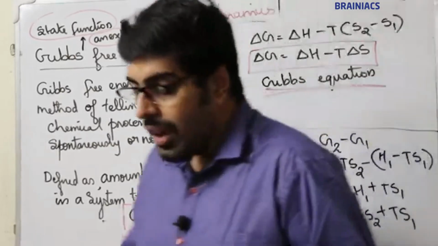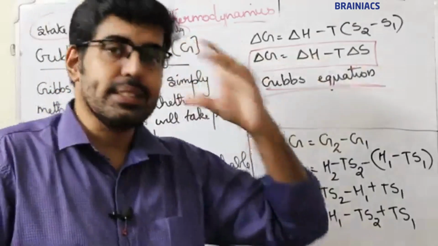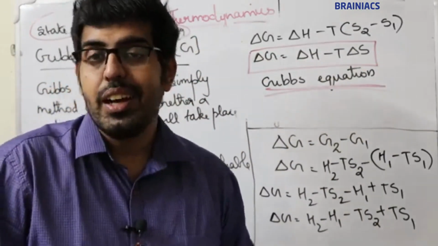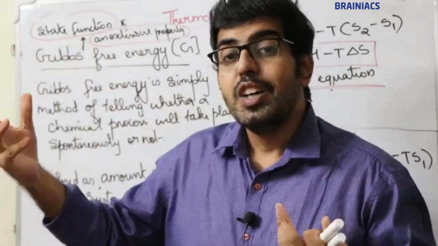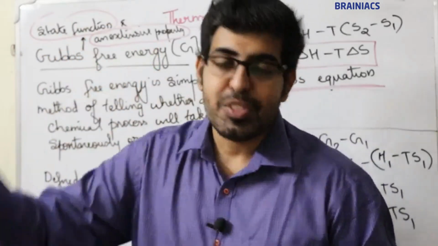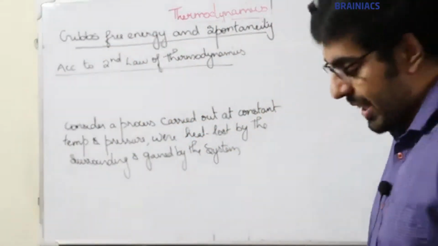And delta G is equal to delta H minus T delta S. Next topic: how can we predict spontaneity by using Gibbs free energy? That is the next topic. So moving on to the next topic, Gibbs free energy and spontaneity.